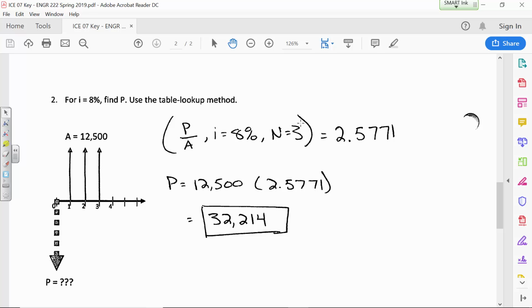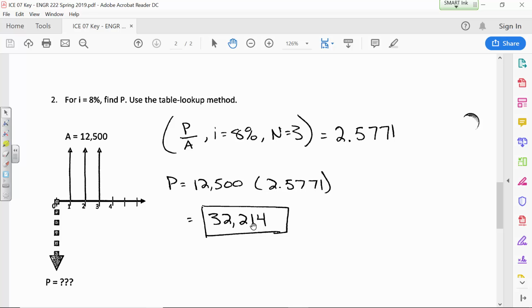So this problem is P/A, I equals 8%, N equals 3. And then if you say equals and some number, that's implying that you got that number from a factor lookup table, because I never show the equation for that problem type. So this is a way of communicating that that number comes from a lookup table.